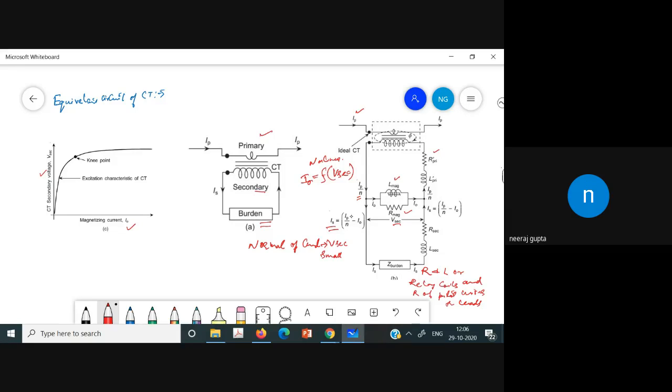So this I naught is very small, and its value is neglected.